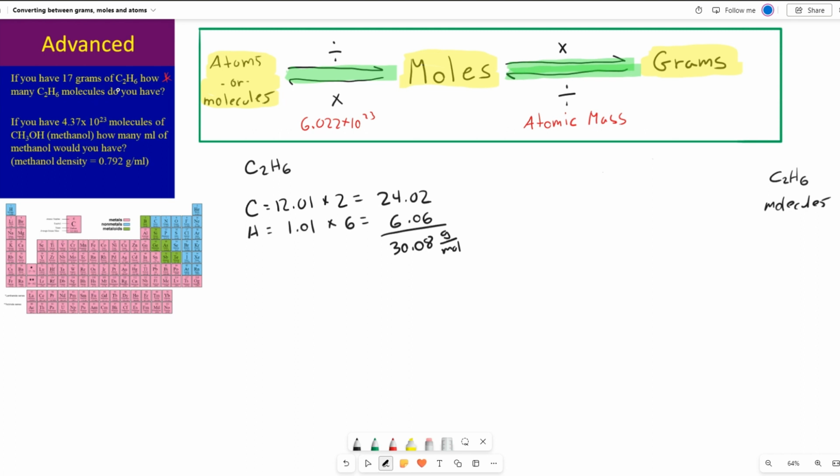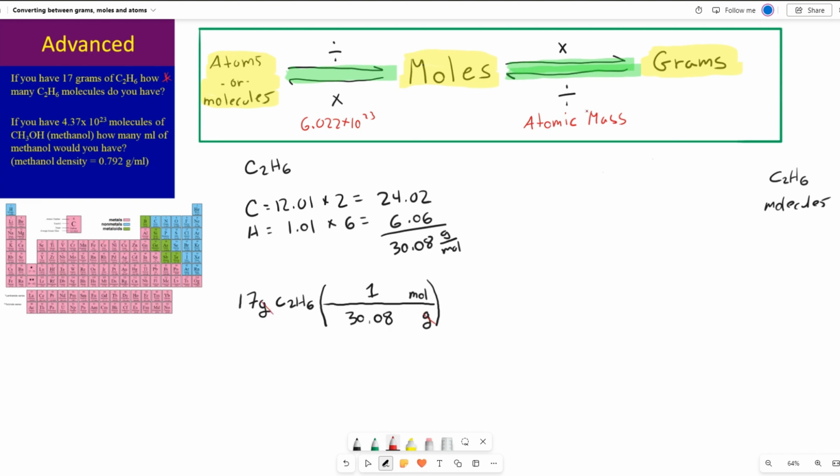And we're going to be using that formula mass in the first step to go from grams to moles. So we have 17 grams, so we'll start with 17 grams of C2H6, and now we're going to use our formula mass to convert from grams to moles. We'll put grams on the bottom so they cancel out, and moles on the top. We have 30.08 grams for every 1 mole.